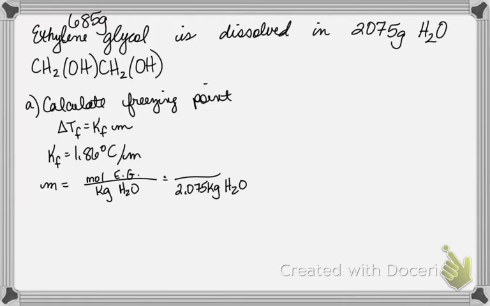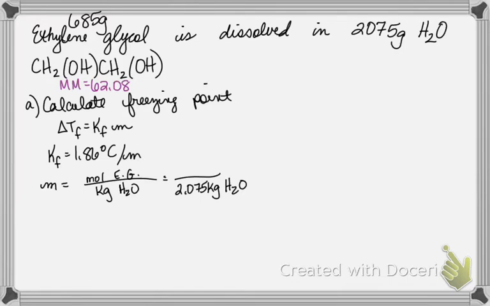And now I have to calculate the molar mass of ethylene glycol and convert grams to moles. And here's where I really wish we were sitting in class, because sometimes I mess up on the calculation and you guys will catch that for me. I'm doing the molar mass of ethylene glycol. I got a molar mass of 62.08.